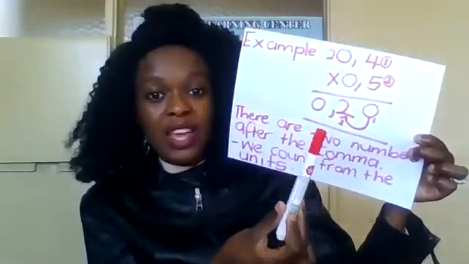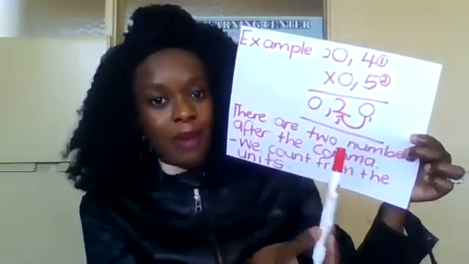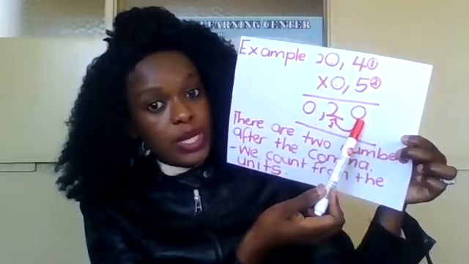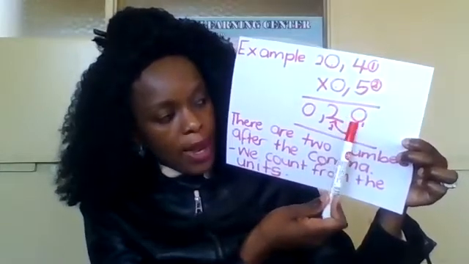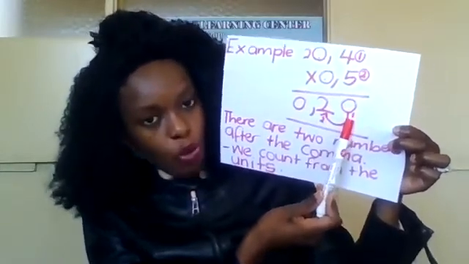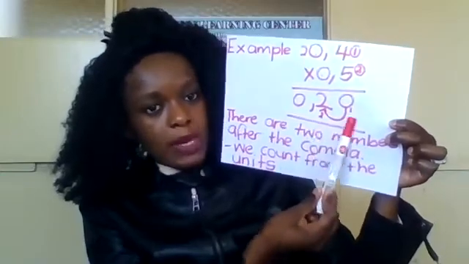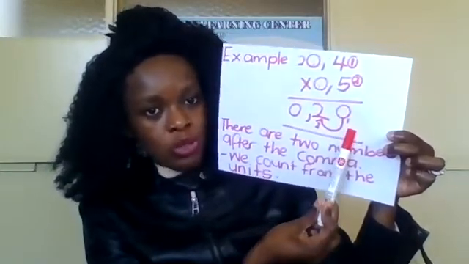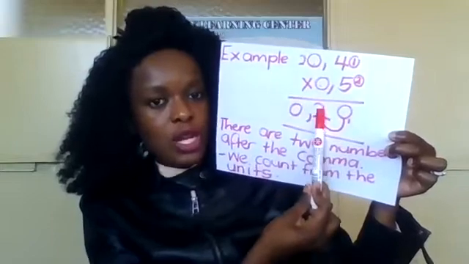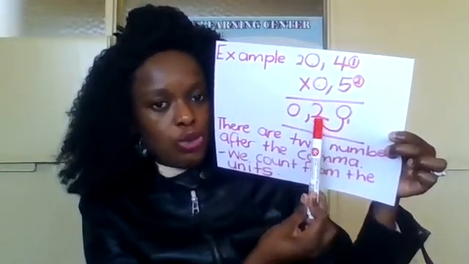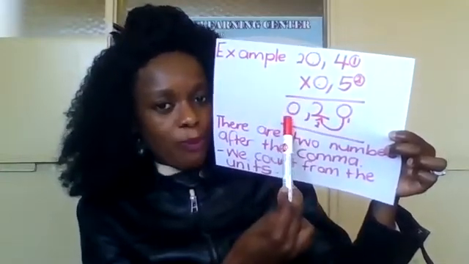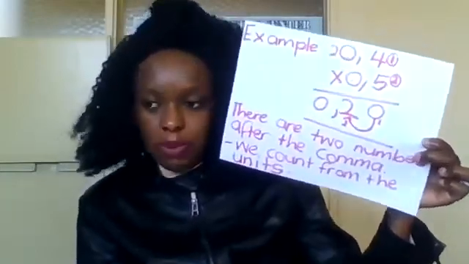So we count the numbers after the comma. We start from the units: 0 is the unit, then we go 1, 2. That's why I have my small 1 and my small 2. This is the first number that you count, and this is the second number. Then comma. Since there is nothing before the comma, you place the 0 as a placeholder.